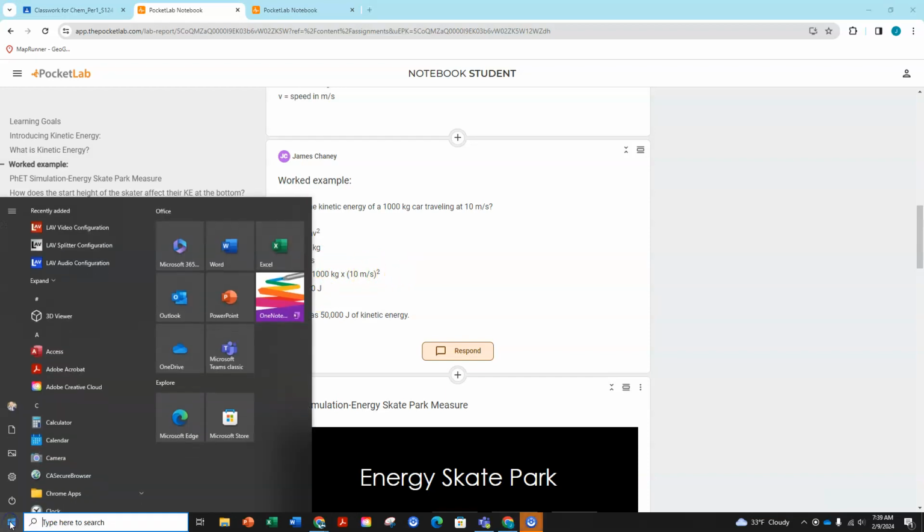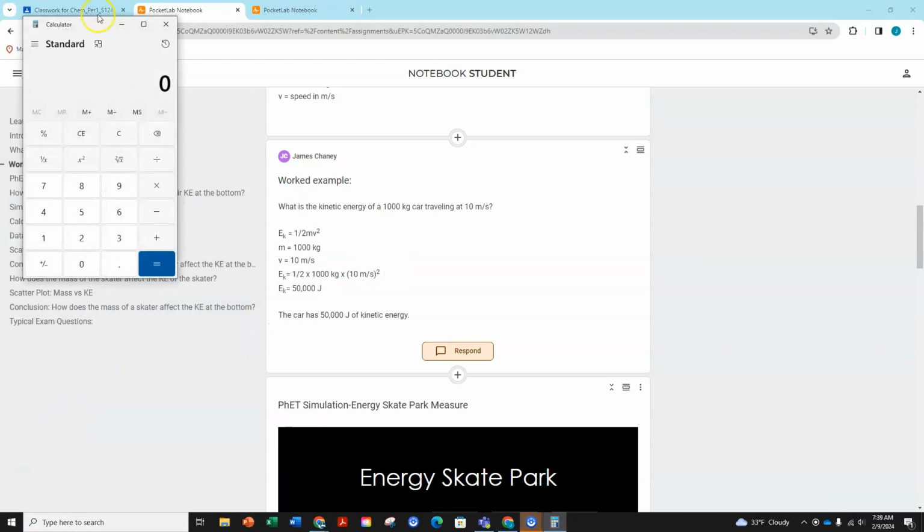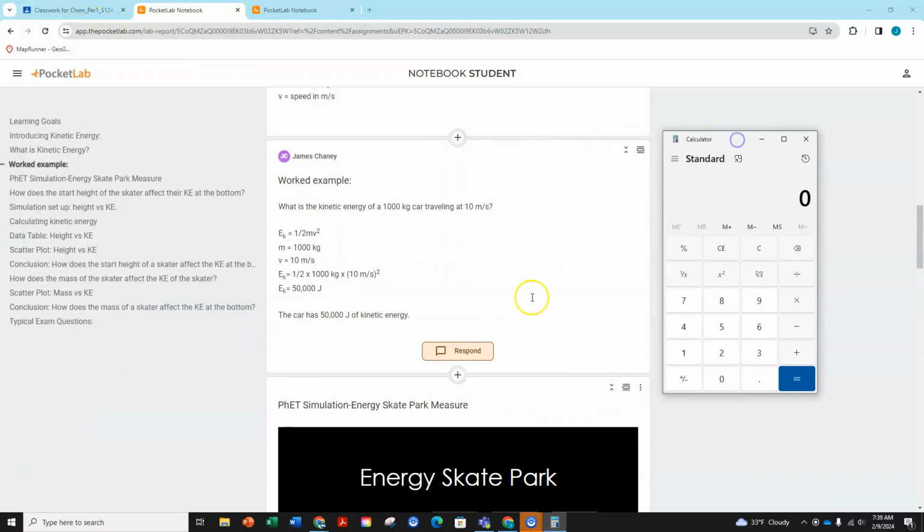So let's show that on the calculator here. We're going to go with the one in the parentheses first, so PEMDAS, if you remember that from math. 10 squared is 10 times 10, or you can use the squared button. So we've got 100. We're going to go 100 times 1,000.